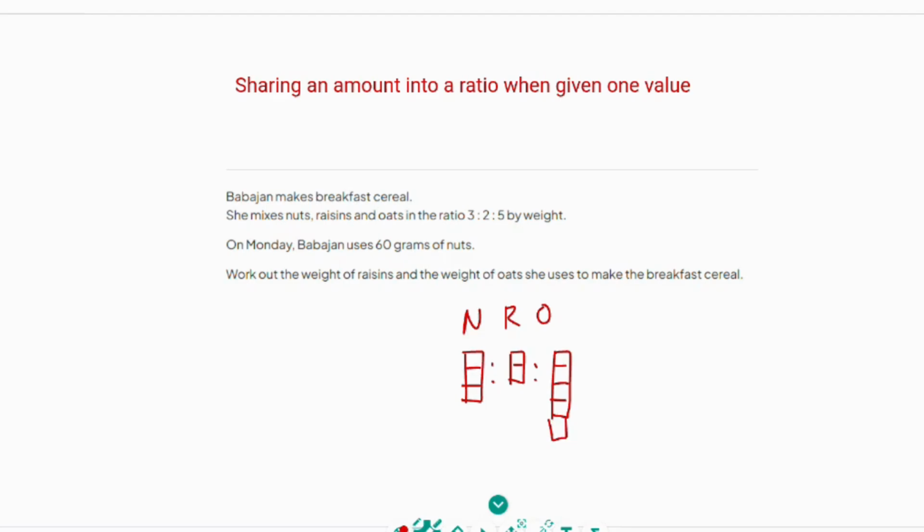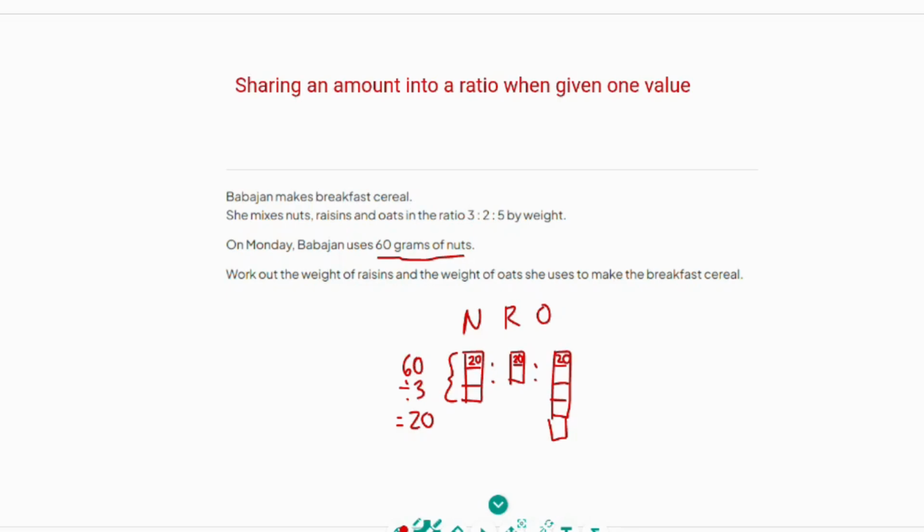We're given 60 grams of nuts in the information. So the nuts is here. That represents 60 grams. 60 divided by 3 is 20. Each box in this ratio is worth 20. Every single box here is 20.